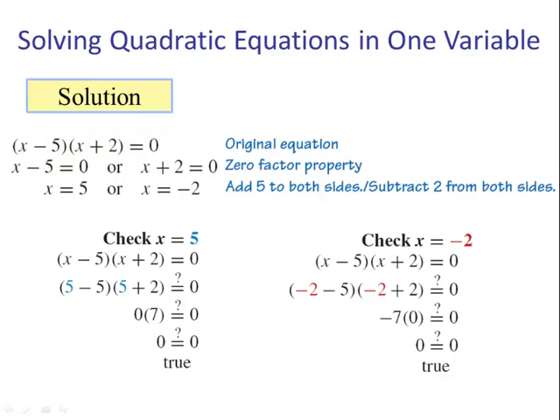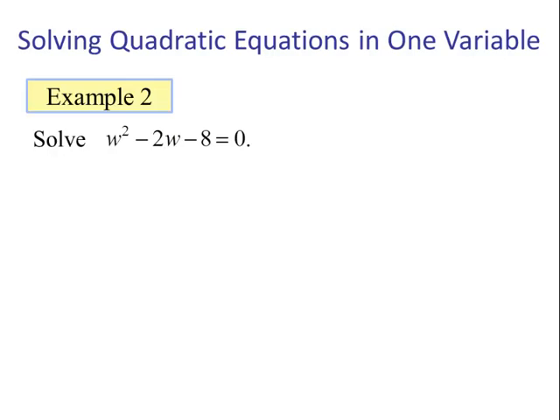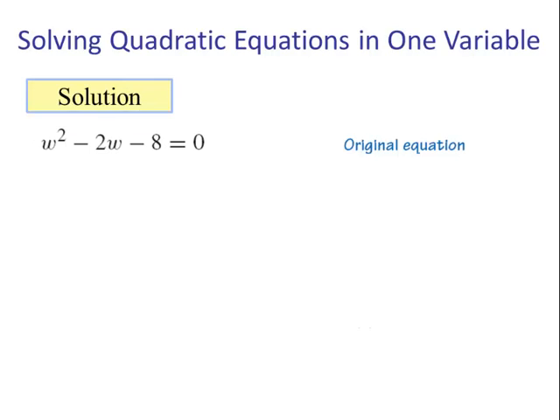So out of all possible numbers, there's only 2 that will make this equation true: 5 and negative 2. Example 2. Solve w squared minus 2w minus 8 equals 0. Our first step is to factor. So we want to know what two numbers multiply to give me negative 8 and at the same time add up to give me a negative 2.